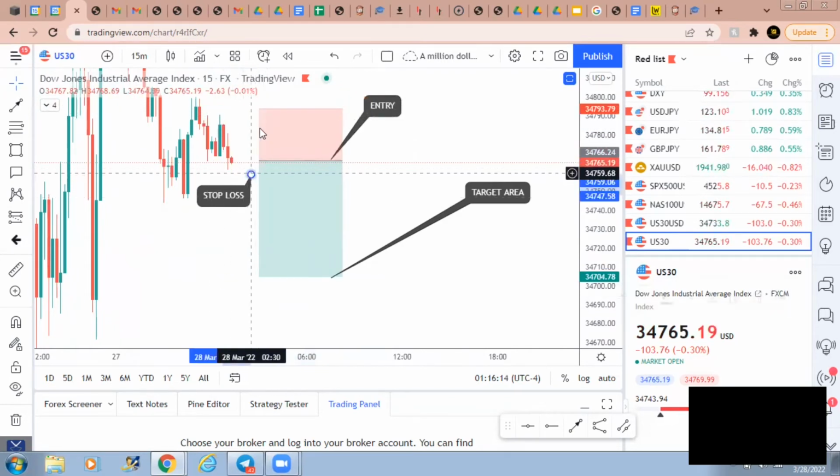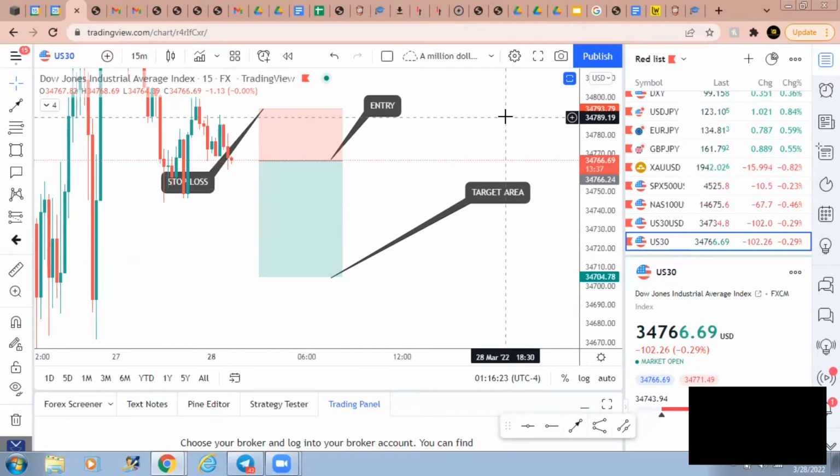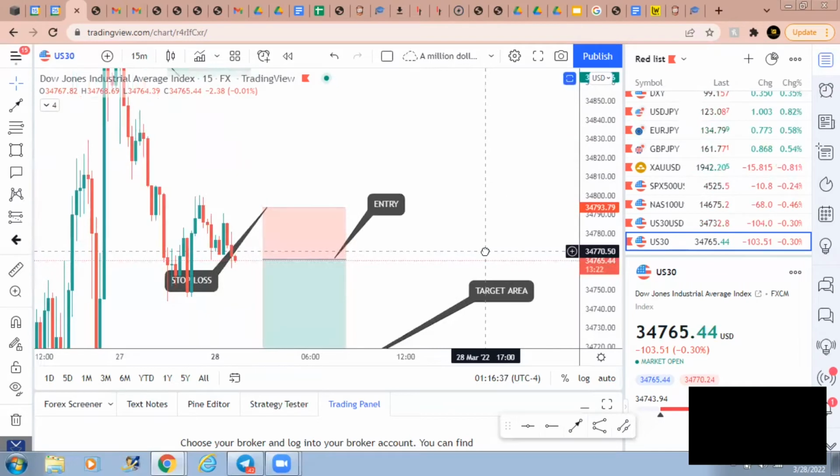Stop loss, literally right there. And of course, as we look on the side, the numbers are there. This applies to buy limits, sell limits, buy stops and sell stops, or any other activation when you hop in the market. It's always going to be the same. The numbers are always going to be on the side, especially for your target area, your entry point, and your stop loss. So always, always, always remember that.